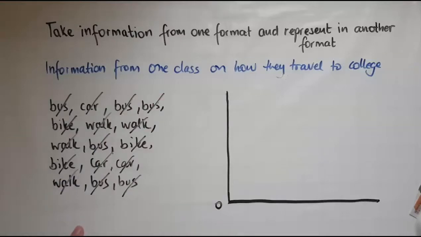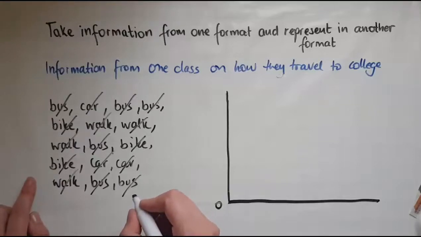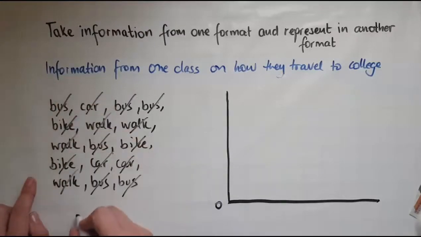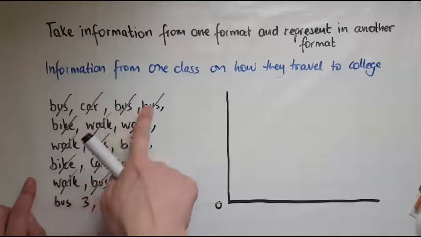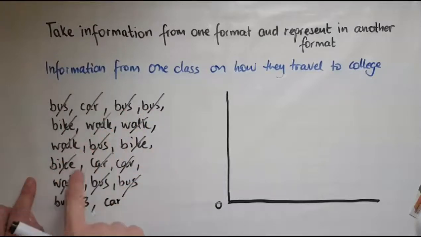We said we had 6 who traveled by bus, so there was bus 1, 2, 3, 4, 5, 6. So 6 traveled by bus.